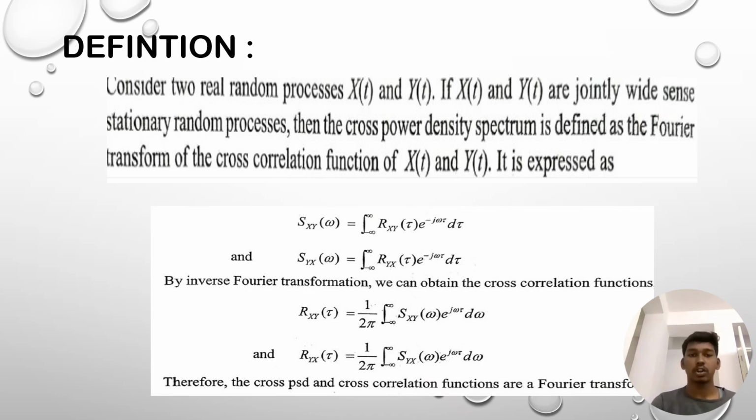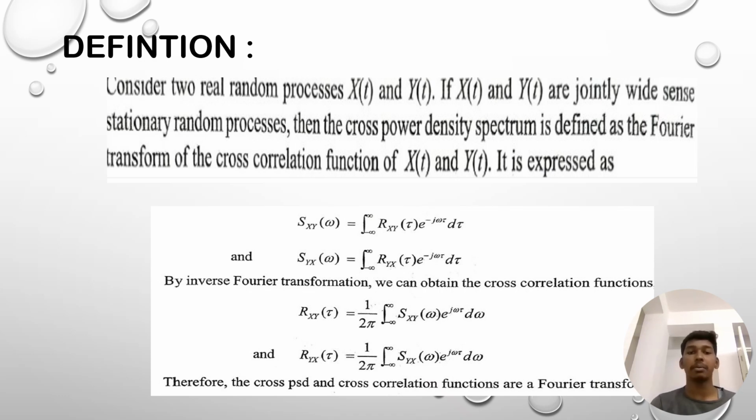For cross power spectral density, the cross correlation means one random process with respect to x, another random process with respect to y. It is represented with Sxy of omega. The formula for the cross power spectral density is the integral from minus infinity to infinity of Rxy of tau e power minus j omega tau d tau. Here we are applying the Fourier transform to the cross correlation function of x of t and y of t with respect to tau.